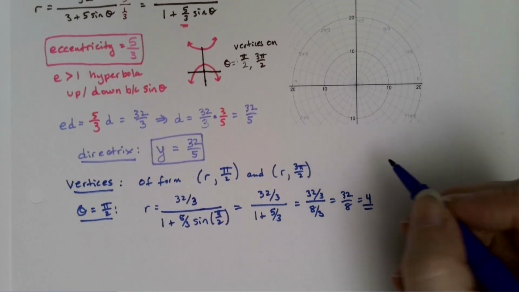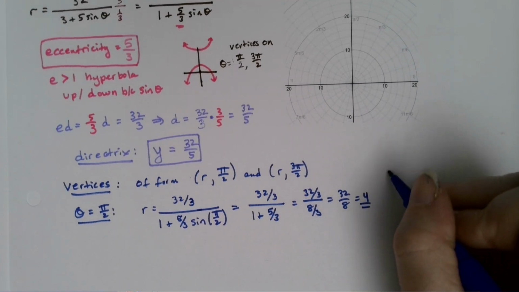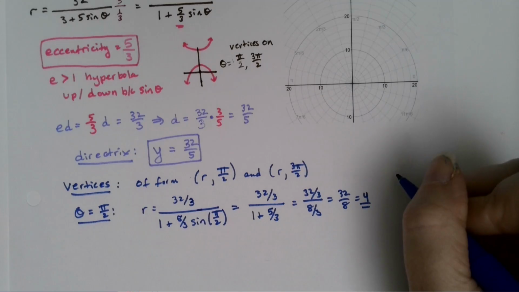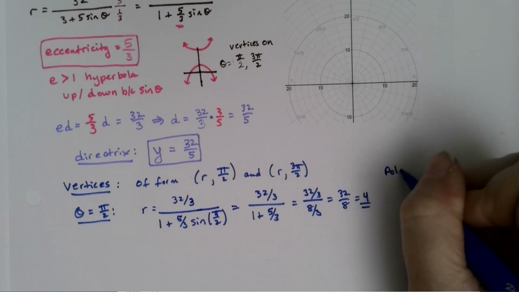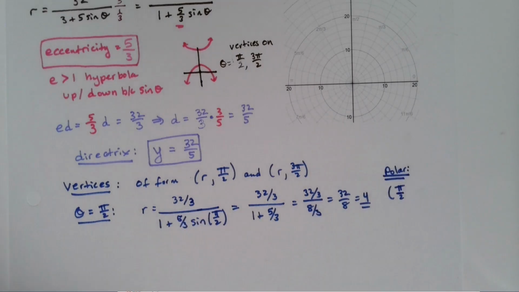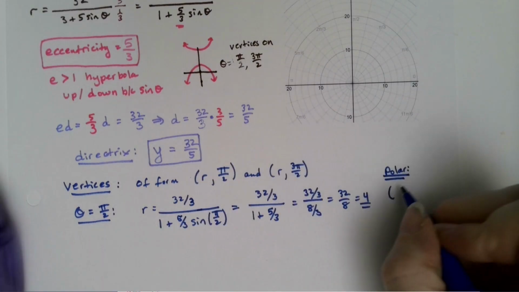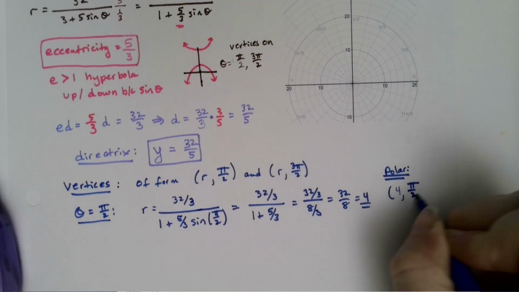So that means that I'm going to have, in polar form, r comma pi over 2, so 4 comma pi over 2, like that.